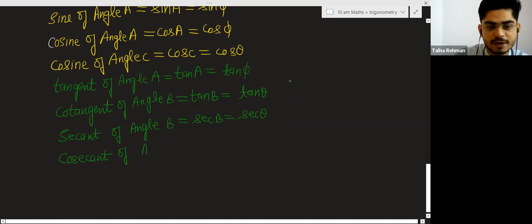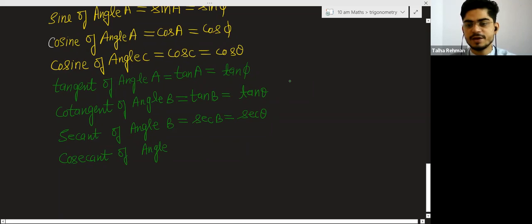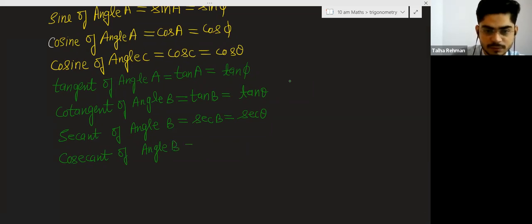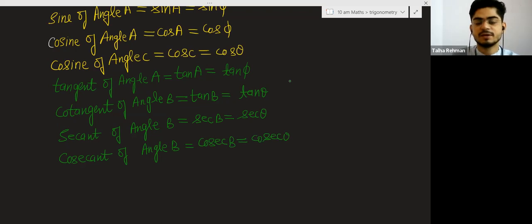Cosecant of angle. You can take the angle A or angle B. It's your choice. So you will write in short cosec B, and you will write again cosec theta. Either you will write like this or you will write like this.